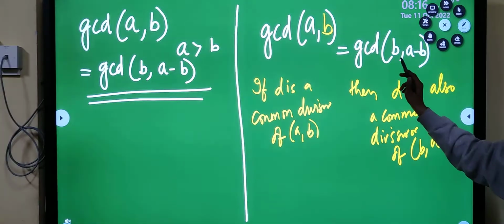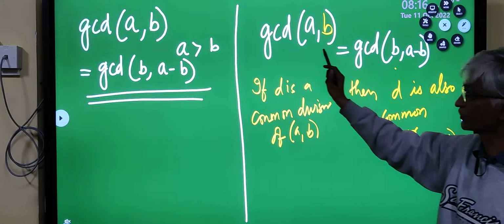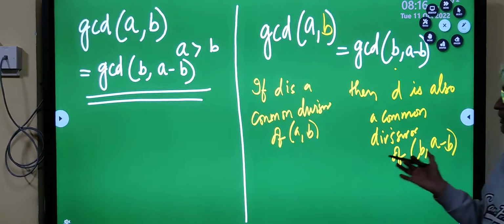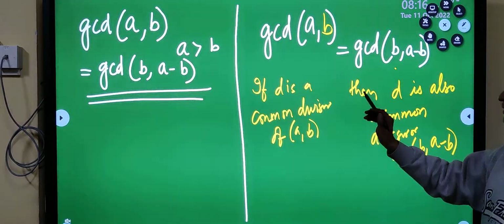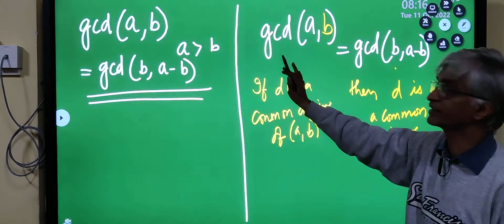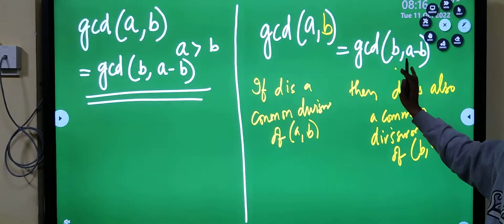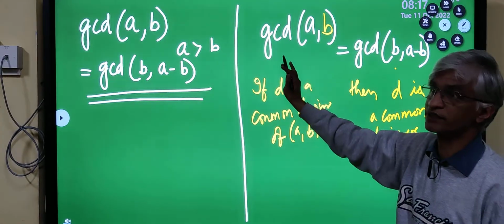We should prove the reverse also. That is, if D is a common divisor of B and A minus B, then D is also a common divisor of A and B. And you can see that both these statements are actually going to be very easy to prove. Now, what we have really shown is that all the common divisors on the LHS belong to the common divisors on the RHS, and all the common divisors on the RHS belong to the common divisors on the LHS.